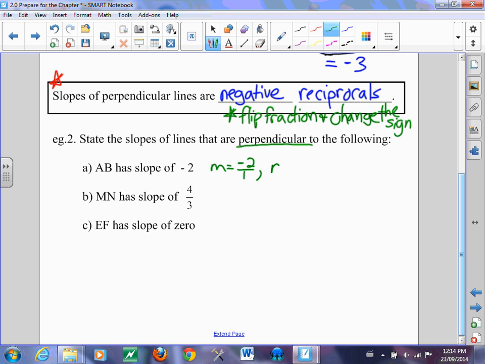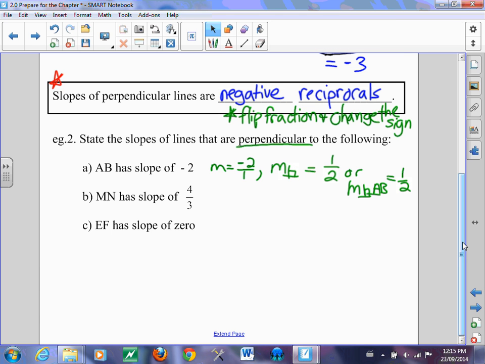And then to do slope perpendicular, we use a little short form for perpendicular. Slope perpendicular equals, flip the fraction, so it's going to be 1/2, and change the sign. Okay? Perfect. So you could have that, or I would like to see slope perpendicular of AB equals 1/2, if you want proper communication.